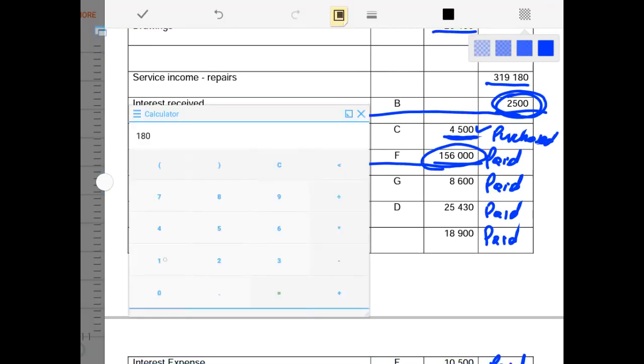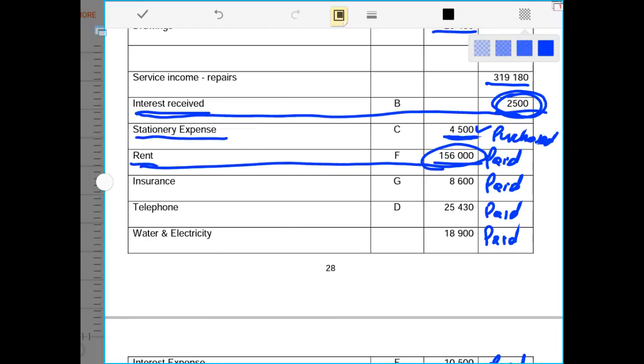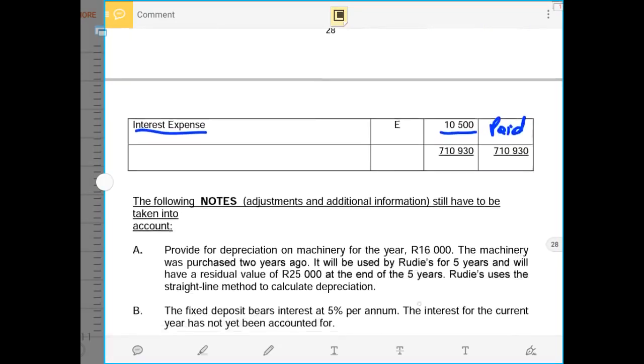So now, if you want to know the rent per month, we'll say 156,000 rands, and we divide that by 13, and it will give us 12,000 rands as the rent for 1 month. Therefore, now it means the prepaid rent expense will be 12,000 rands, the rent that is paid 1 month before, which is paid for the month of January.